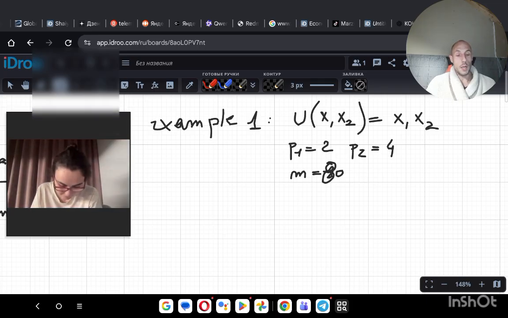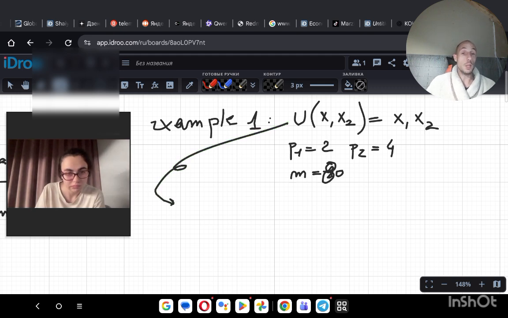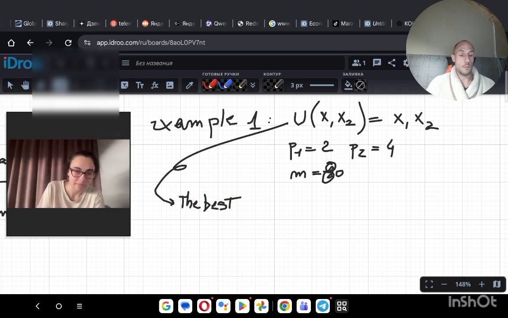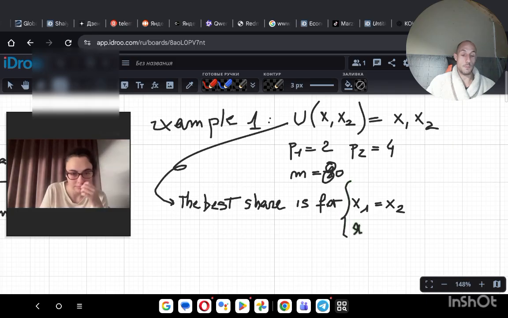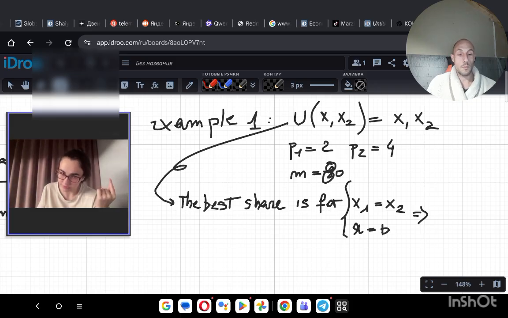So let me quickly walk you through this one. This type of utility curve tells you that the best share is for x1 equals x2 because A equals B. So A equals B, it means our products are perfectly substituted?